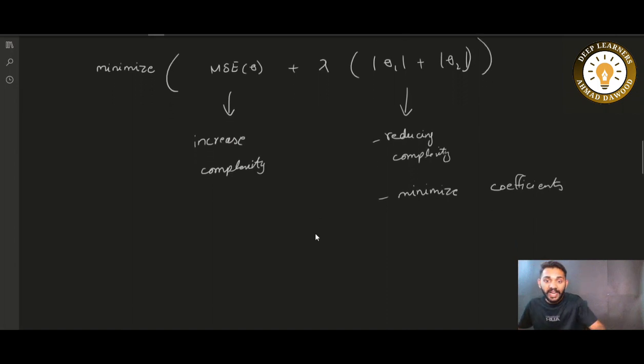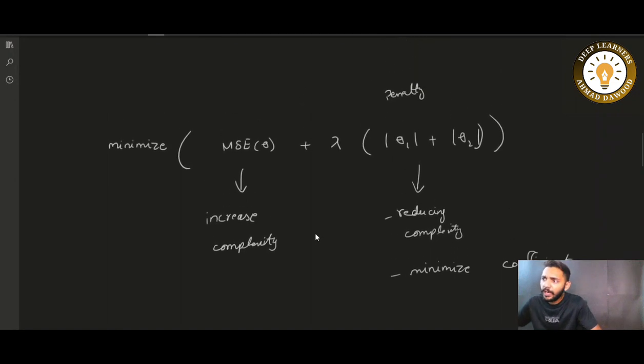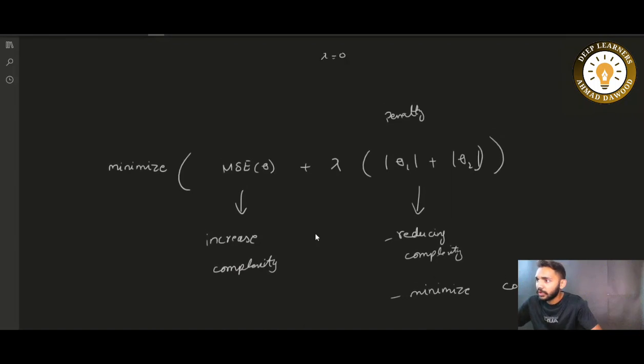Let's say you have a lambda. For now, if lambda is equal to 0, then when you multiply the penalty with lambda, which is 0, you will have the same function that we usually have without regularization. If you have a lambda value higher than 0, let's say 0.5 or 0.1, 0.2, then as you increase lambda's value, you are telling the function how much the complexity should be reduced in your model.